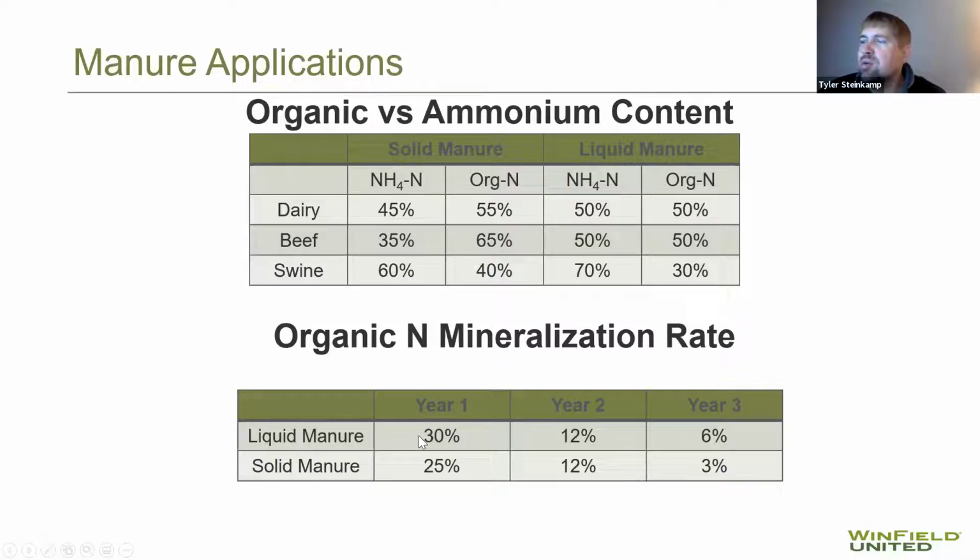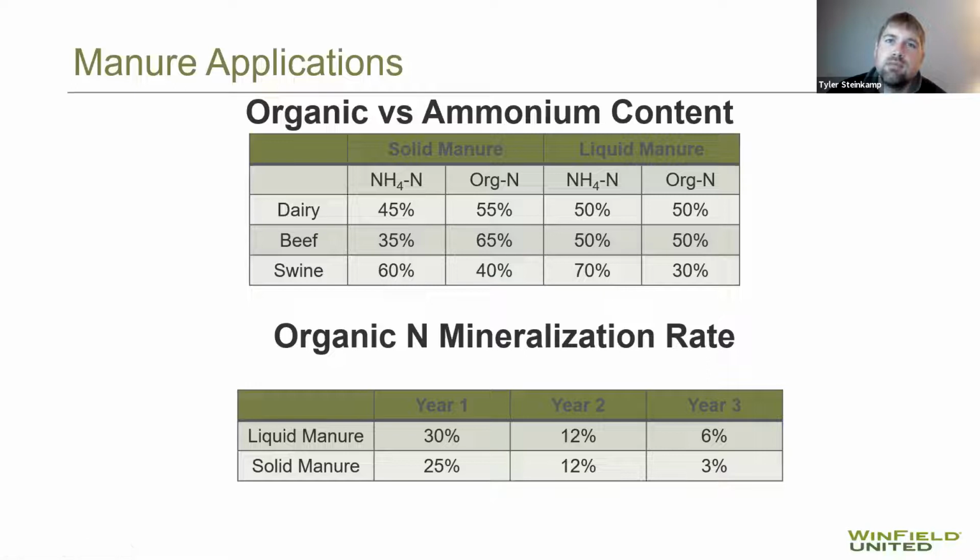So basically what you're going to do is you're going to take 30% times 30% here. And when we do that, we get about 9% available. Okay. And so we add that in here. So we're at about 79% of swine manure is going to be available in that particular year.